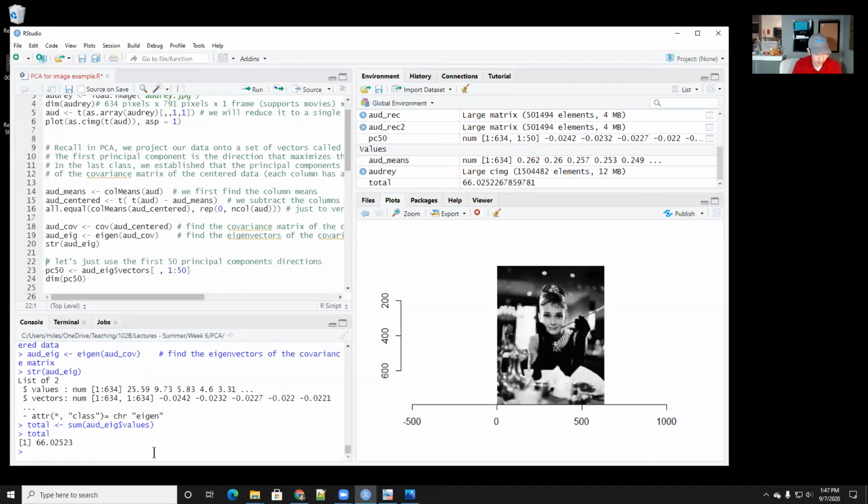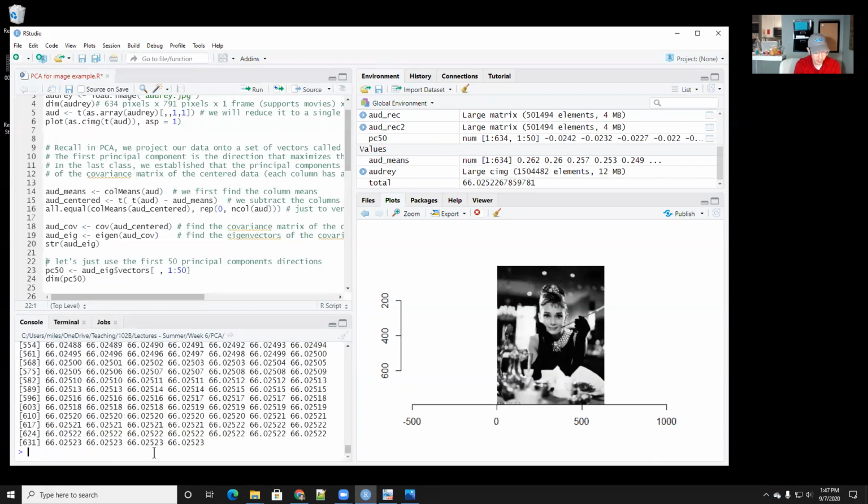So the total of this is this, and let me do the cumulative sum divided by total.